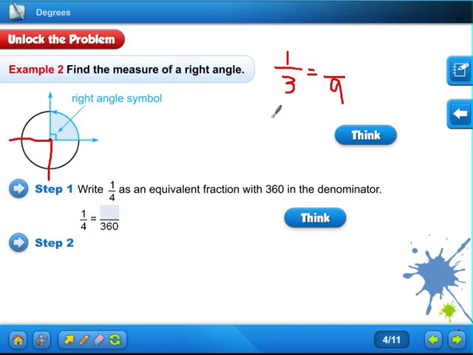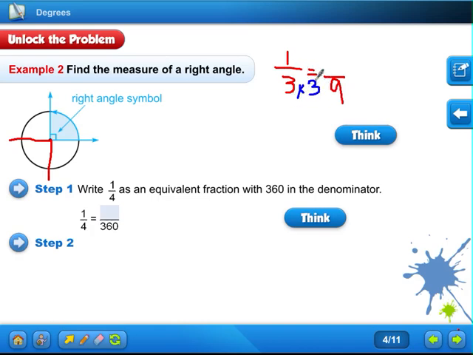So remember the saying, whatever you do to the bottom, you have to do to the top. Or whatever you do to the top, you have to do to the bottom. So what are they doing here to get 9? Are they dividing or multiplying? Well, we know they are multiplying because the number is getting larger. 3 times what equals 9? 3 times 3 equals 9.